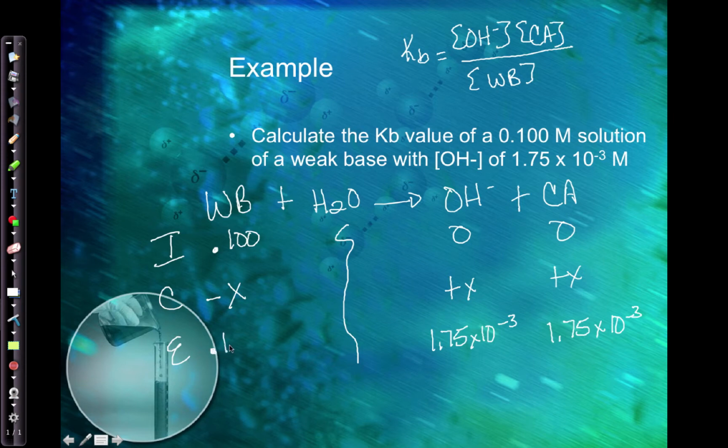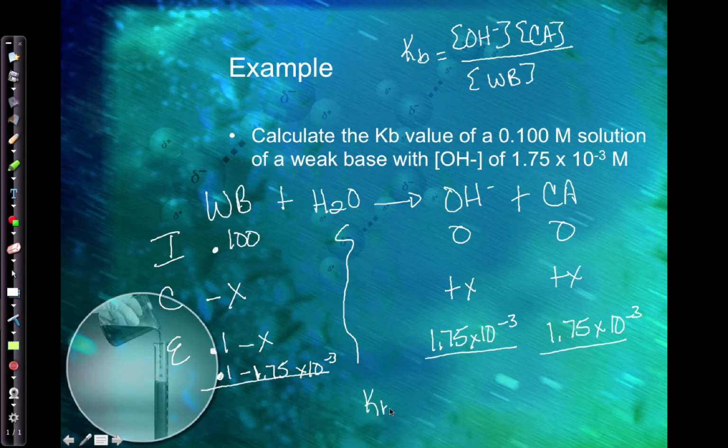Well, for the weak base, it's going to be 0.1 minus x, so 0.1 minus 1.75 times 10 to the negative third. Well, I have all of my concentrations at equilibrium, so now I can just simply plug it into the Kb expression and solve.